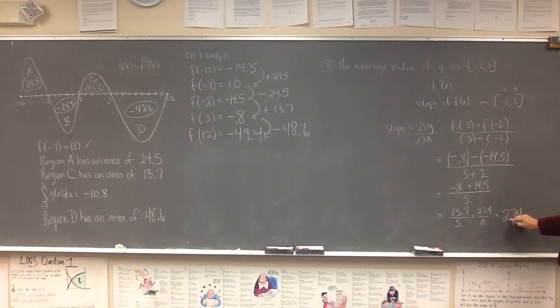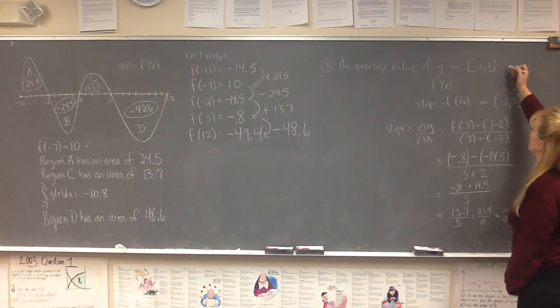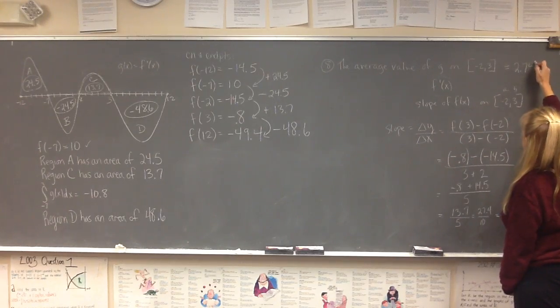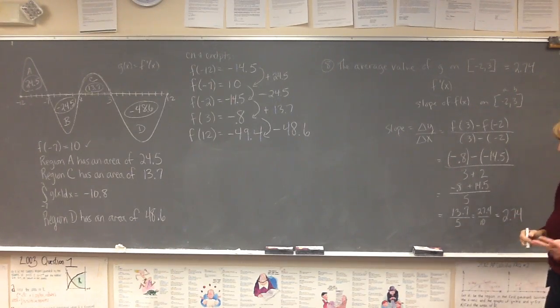So 2.74 ends up being the average value of g on -2, 3. I'm okay with 2 decimals here instead of the rule of 3 because that is the exact answer, 2.74. It's not a rounded value. I can leave it as 2.74.